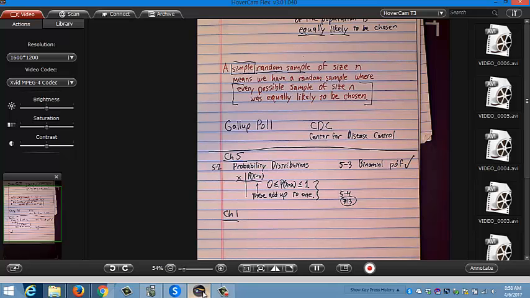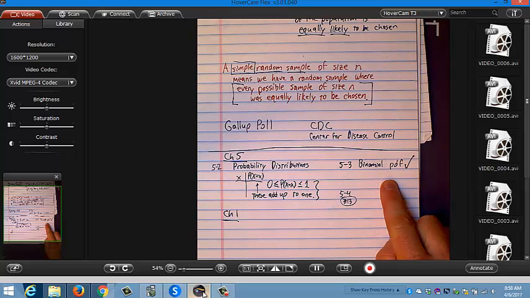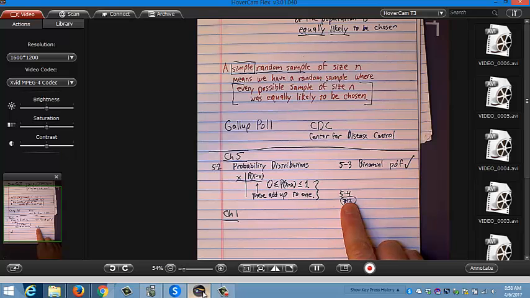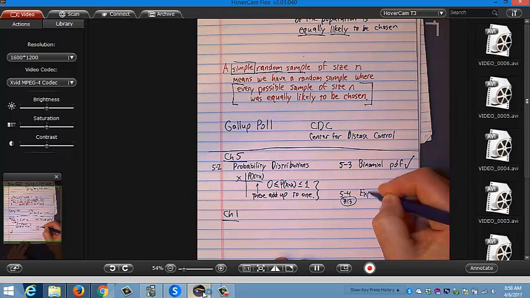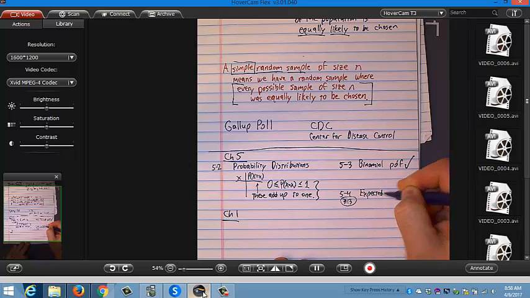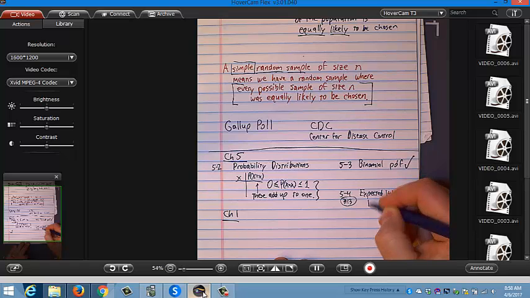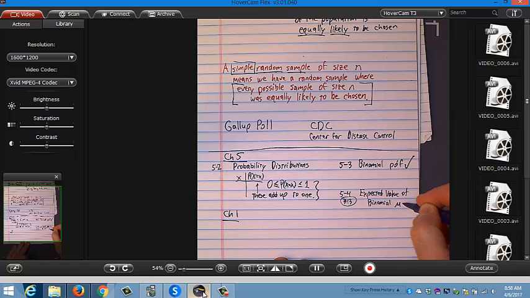Well, that's only if it happens to be binomial. You're right. For section 4, this is all about expected value. What was the expected value of a binomial? It's also called the mean. Mu equals, like Dylan said, n times p. But that's only if you have a binomial.